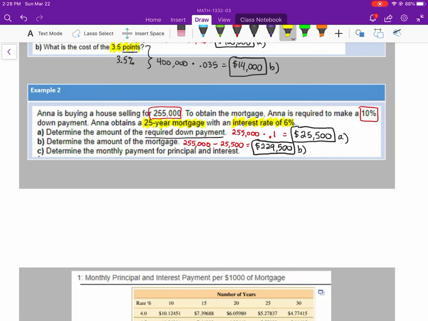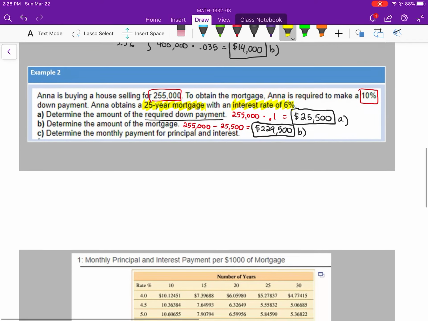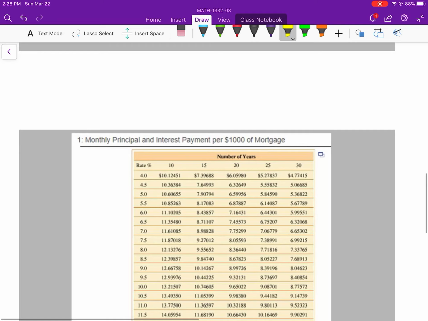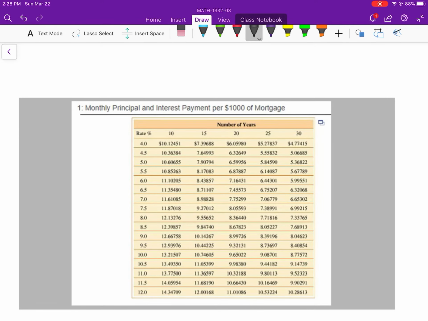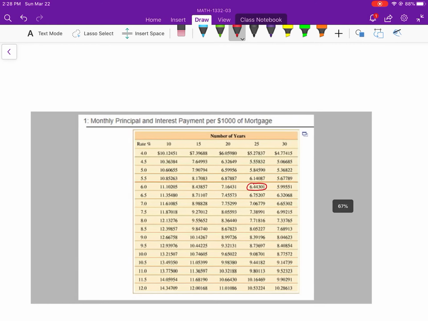This chart will be provided with the formula chart. So 25 years at 6% looks like about right here.